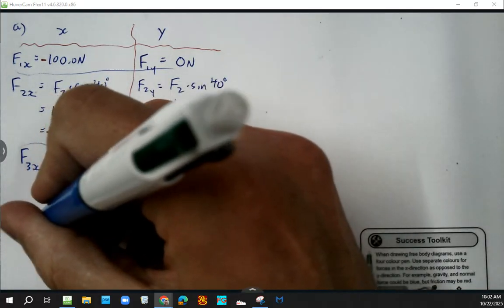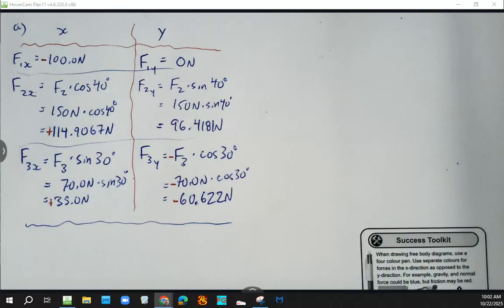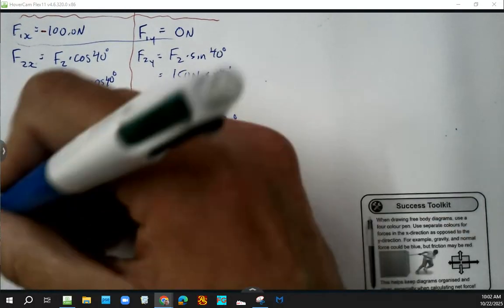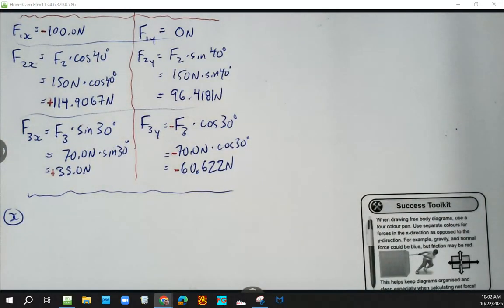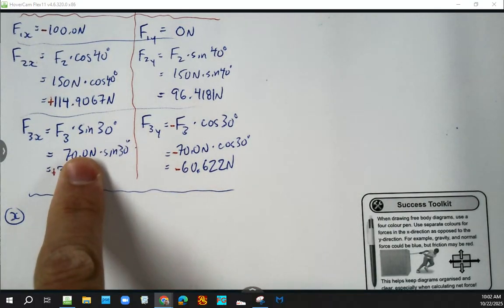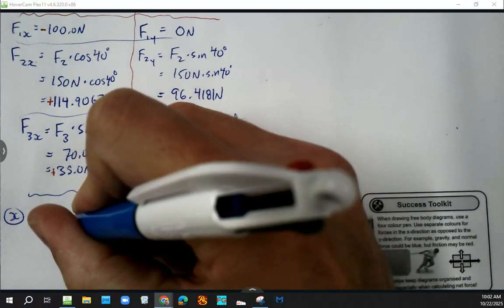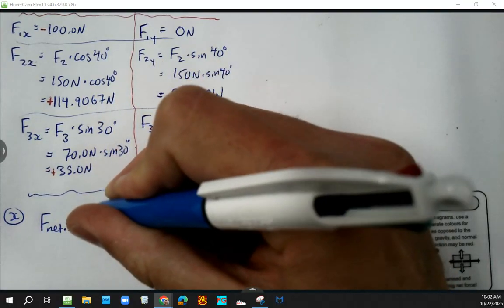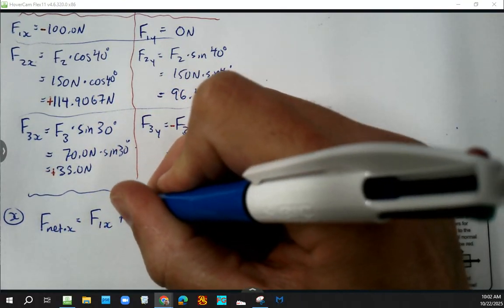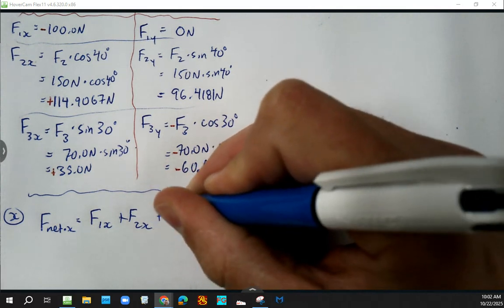Okay, well, I don't have a nice way to spreadsheet this out. So what I'm going to do first is deal with the x information. This column here is all my x information. I'm going to say F net x is equal to F1x plus F2x plus F3x.